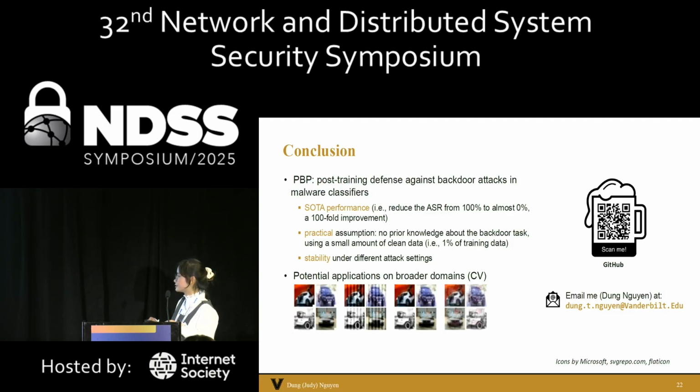We also tested the stability under various settings. And beyond the scope of malware classifiers, we already tested our method on other attacks in computer vision domains, and it still works. So that's all of my presentation. I'm happy to take any questions.